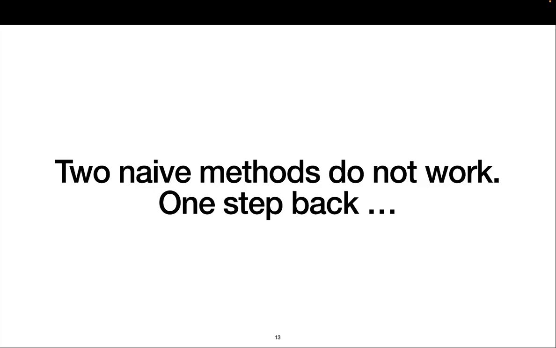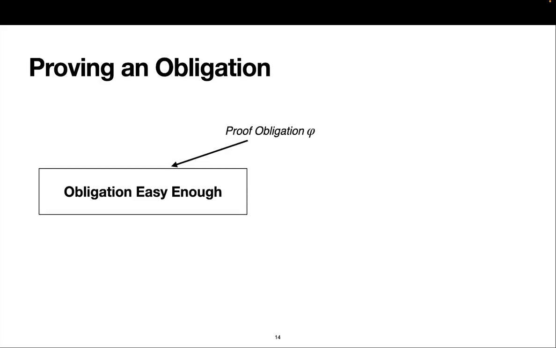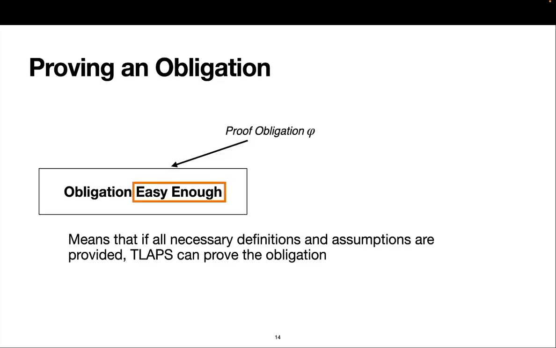Let's take one step back. Think about how we should prove an obligation. We start with a proof obligation phi. There are usually two cases. First, the obligation might be easy enough, which means that if all necessary definitions and assumptions are provided, TLAPS can prove it directly.